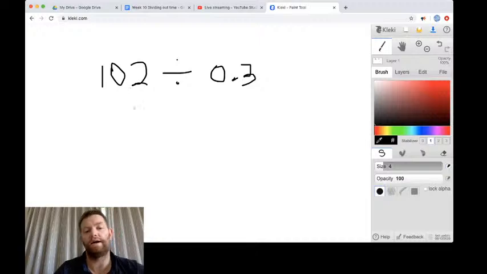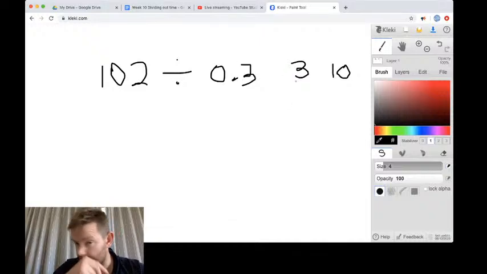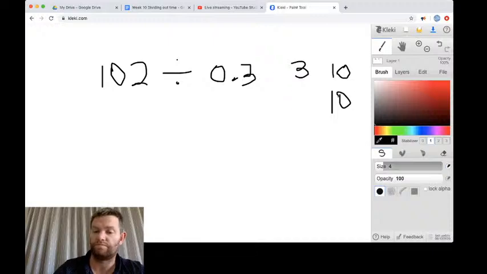But let's think of it like this. 0.3 times 10 is 3. So times 100, we're going to add a 0 to it, so it'll be 30.